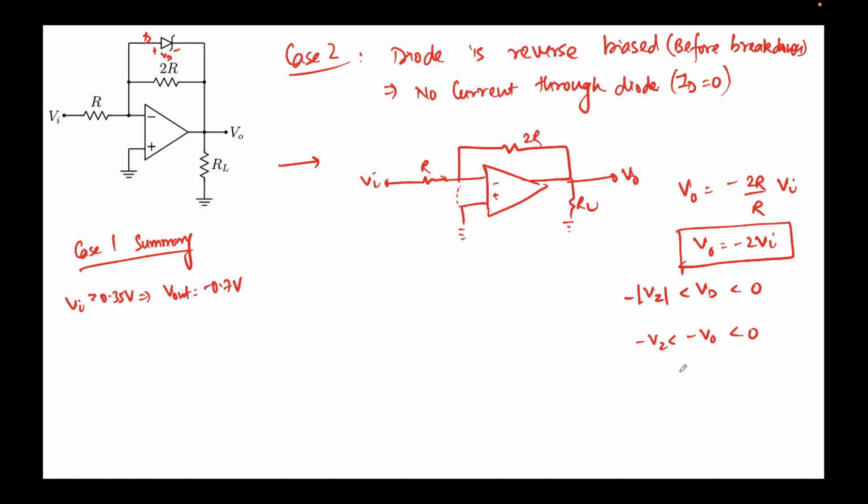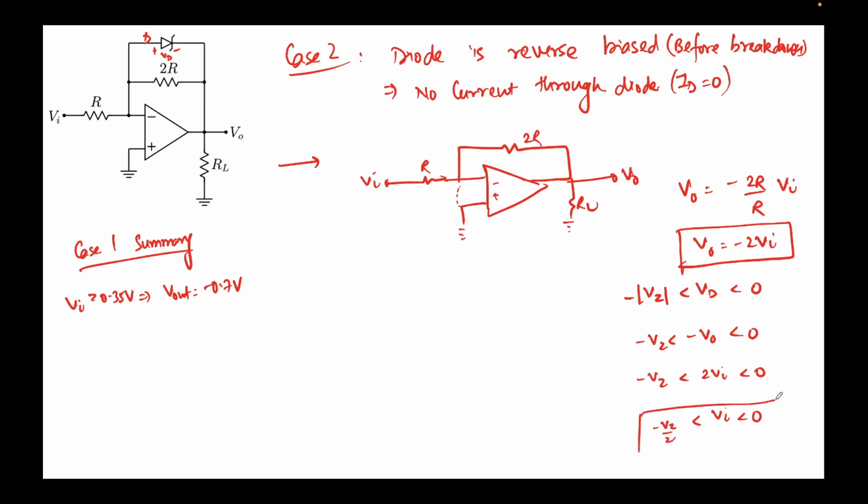So if you sort this out, you can clearly see that V0 is nothing but minus 2 VI. Okay, VD is minus V0, and if you place V0 as minus 2 VI, this will give us 2 VI less than 0, and this will give me that VI must be less than 0 but must be greater than, just give me a second, minus VZ over 2.